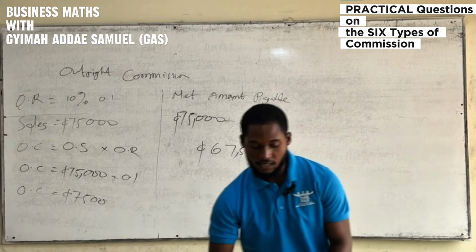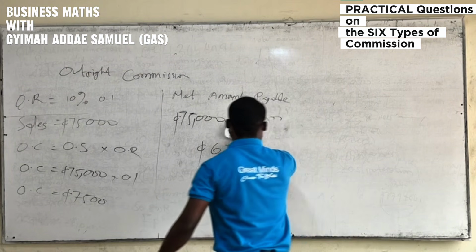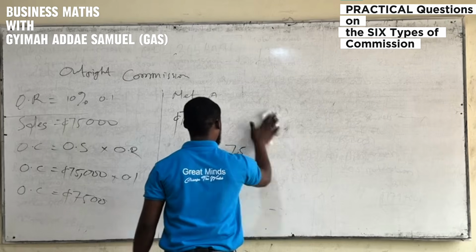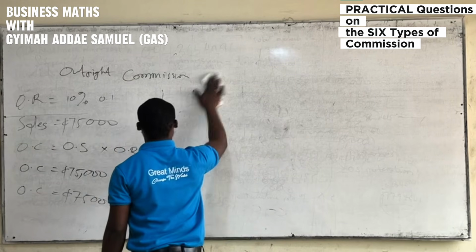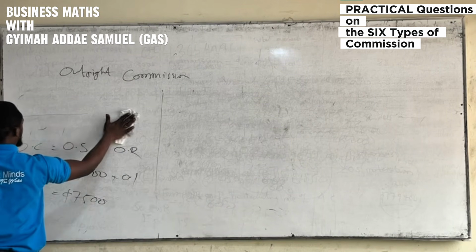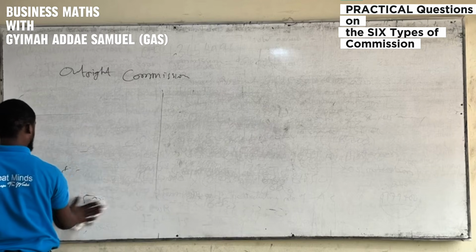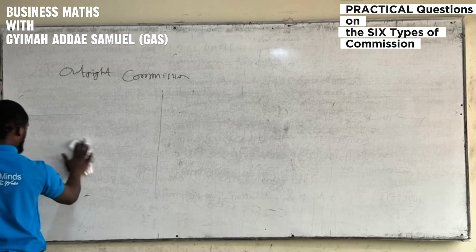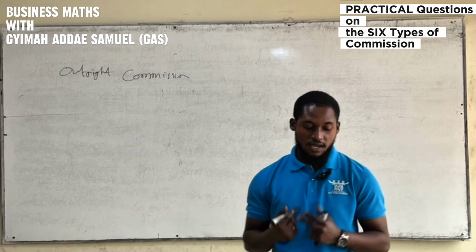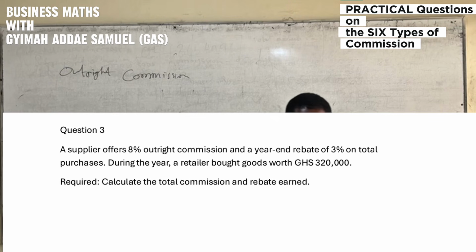We move on to the second question. A distributor grants an outright commission of 12%.